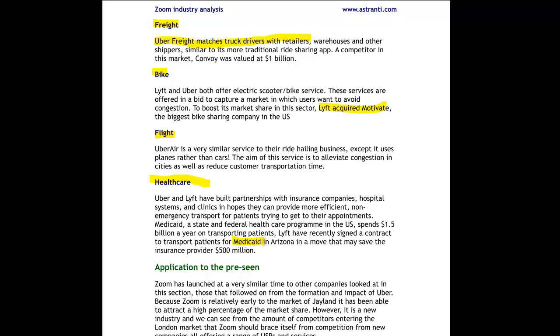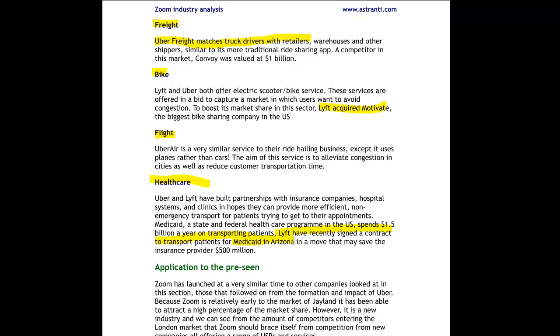It's believed that by using ride-sharing companies, they can save $500 million. So you can see this could be a really lucrative market for ride-sharing companies to move into. And actually, Lyft have recently signed a contract to transport Medicaid patients in Arizona.